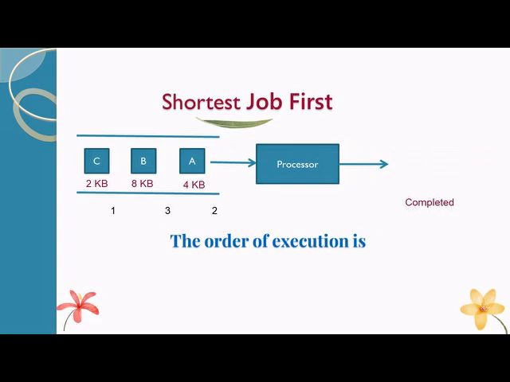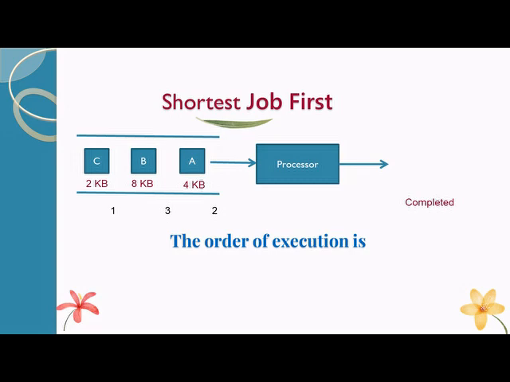The next scheduling algorithm is the shortest job first algorithm. This algorithm works on the principle based on size. Again, an example. Here there are three processes A, B, C. The size of process A is 4 KB, B is 8 KB, and C is 2 KB.